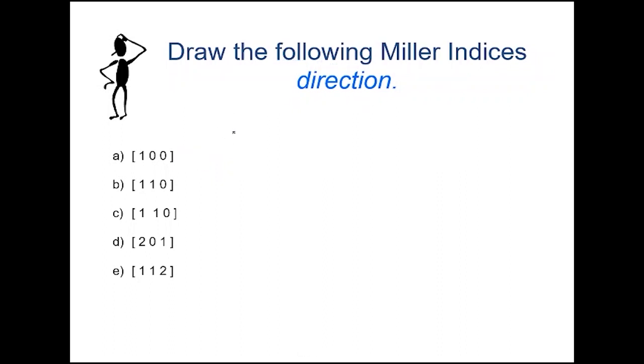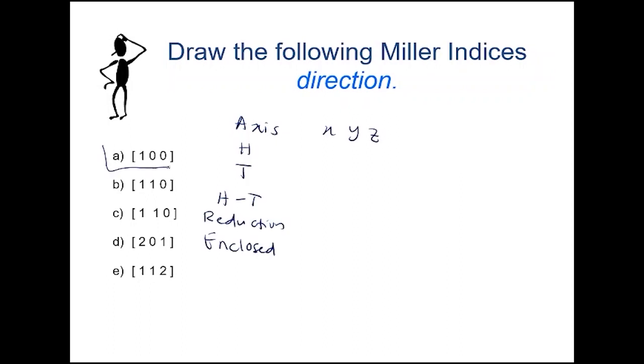We need to reverse what we have done before. First step, we write down the axes. Now we try the first example. So the Miller indices of direction is 1, 0, 0. We reverse, so we go to reduction.